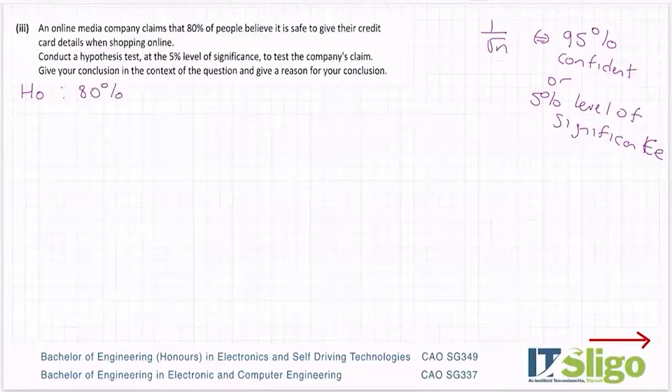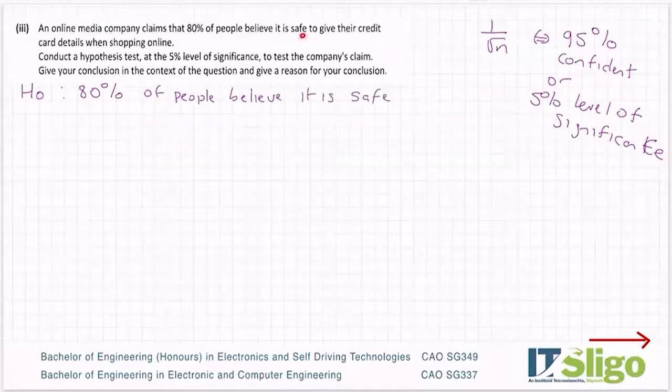We keep the status quo, is the saying that's used. So we have no data to argue with this online media company. Therefore, our null hypothesis is that 80% of people believe it is safe, and you can write out the whole thing if you want, safe to give their credit card details when shopping online.